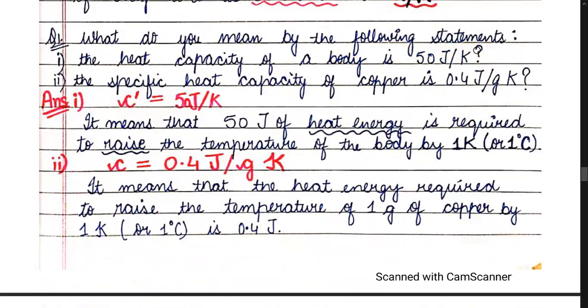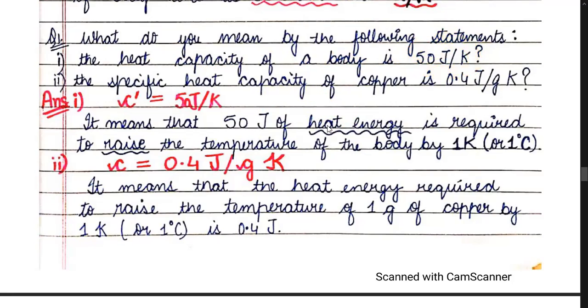So if it is said that the heat capacity of a body is 50 joule per Kelvin, what does this statement mean? It means that C dash is given to us and the value of C dash is 50 joule per Kelvin. So it means that 50 joule of heat energy.